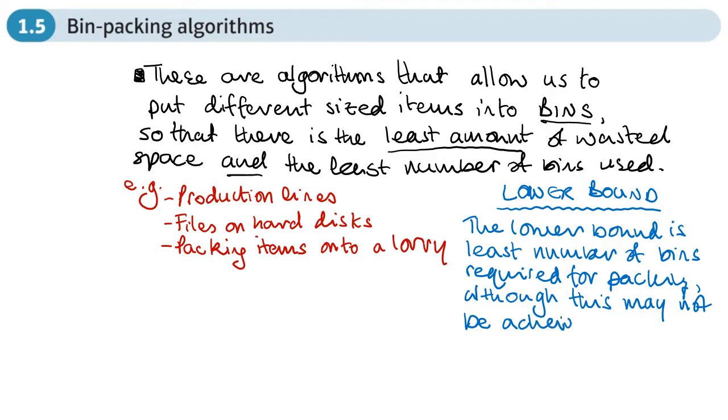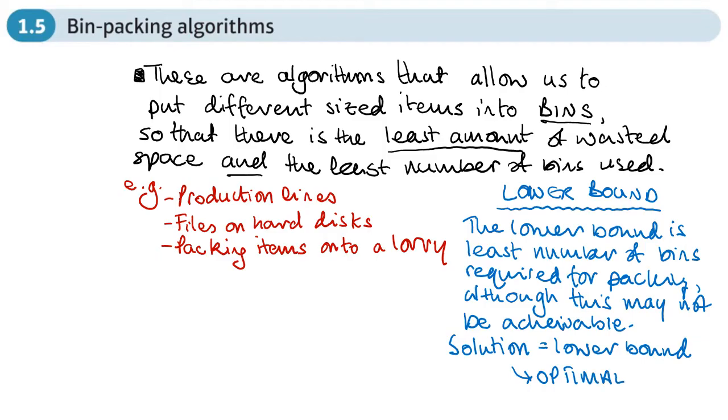So let's say, for example, I've decided that the lower bound for a problem is 10. I need 10 bins. Doesn't mean I can actually get 10. If I get 10, then it's what we call an optimal solution. So if the solution for the number of bins equals the lower bound, I know I've got an optimal solution, but that may not be possible.